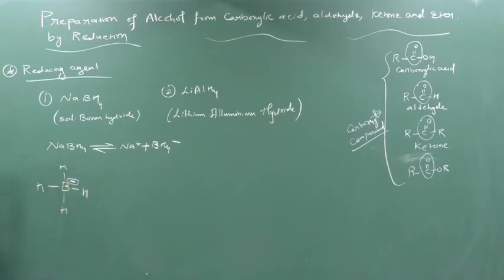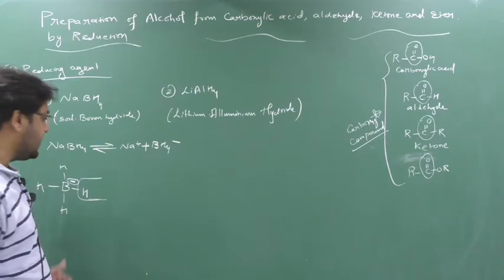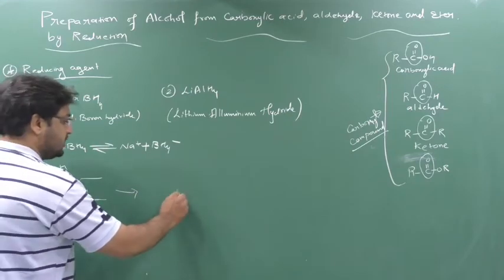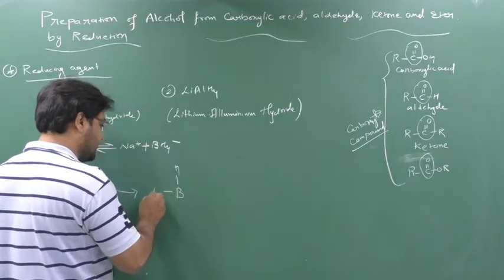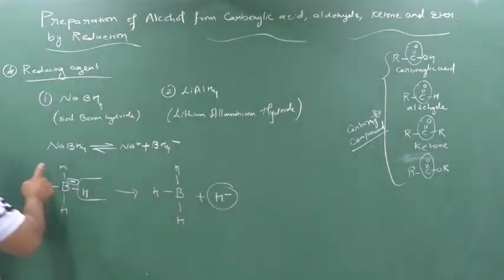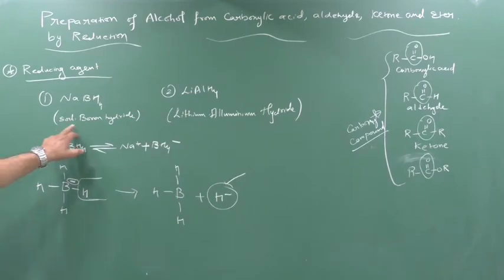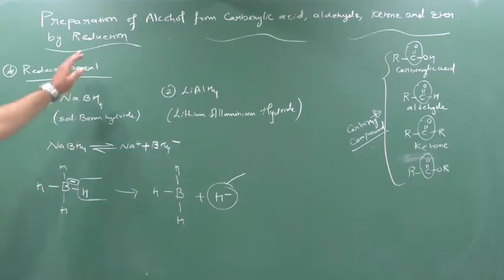If someone removes an H here, the H will not be removed as H plus, it will be removed as H minus. So this BH4 minus will release one H minus. H minus is known as a hydride. That's why we say sodium boron hydride. In short, sodium boron hydride will provide us H minus during the reduction reaction.